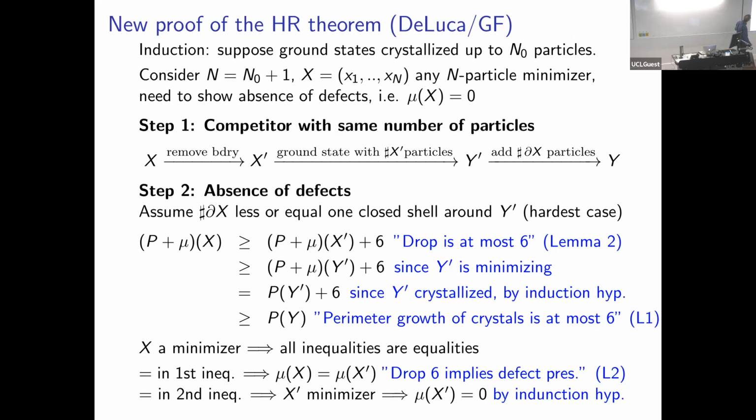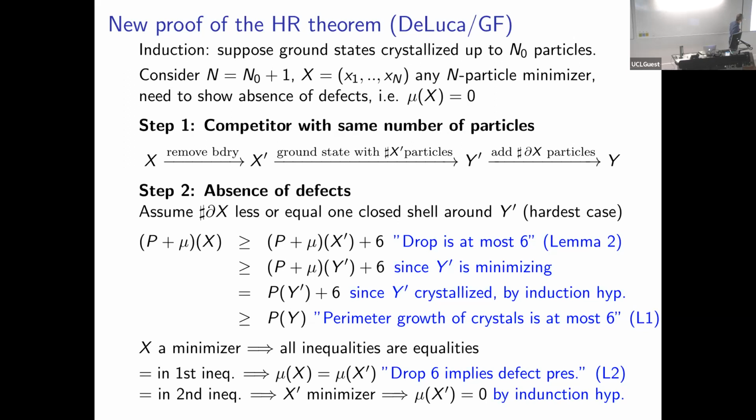I know that up to some number of particles, ground states are crystallized, and then I'm considering a particle number which is, say, one bigger. By the induction hypothesis, for fewer particles, crystallization wins, so I can drop the mu.